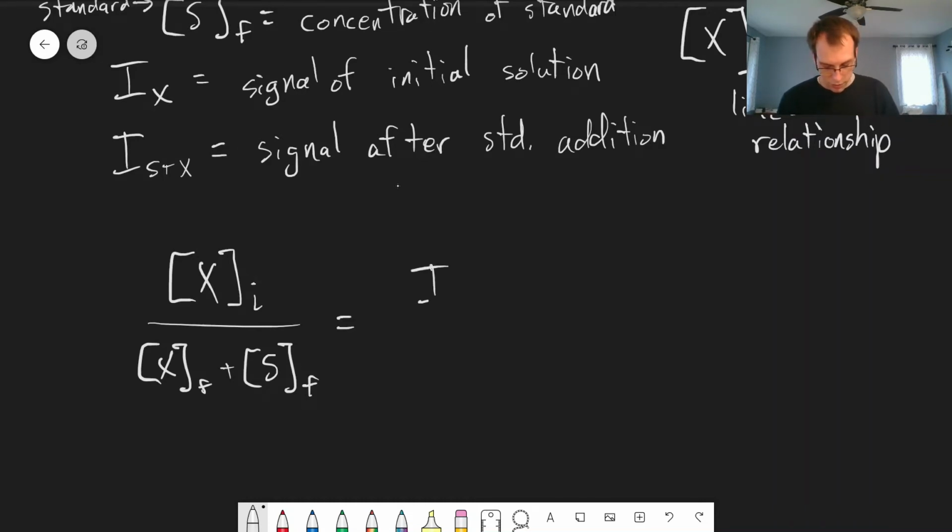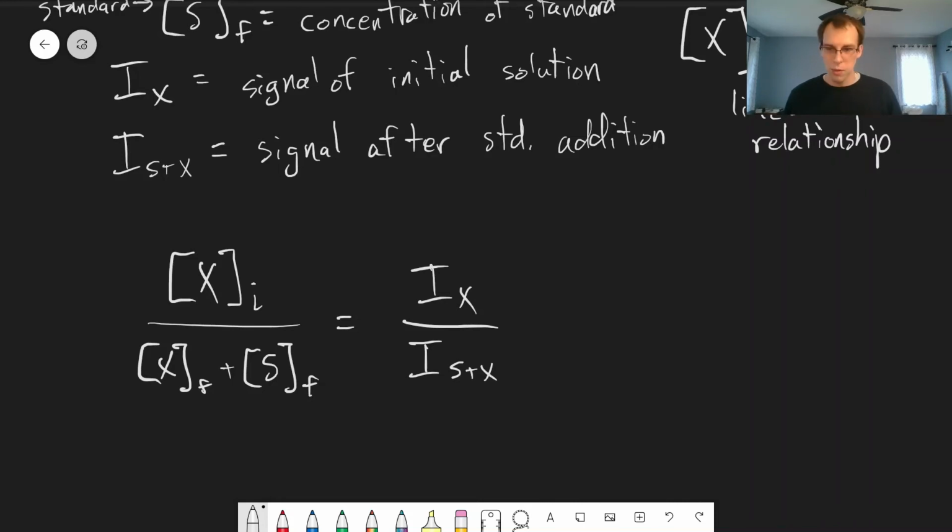That ratio will be the exact same as the ratio between the signals before and after the standard addition, right? However much standard we add, the signal should increase proportionally. So basically, we've assumed this linear relationship, and that means these ratios should be equal to each other.